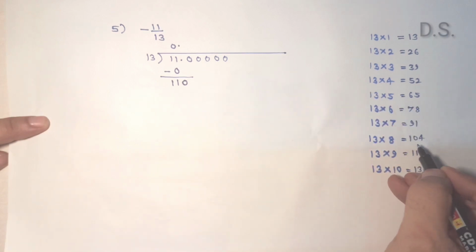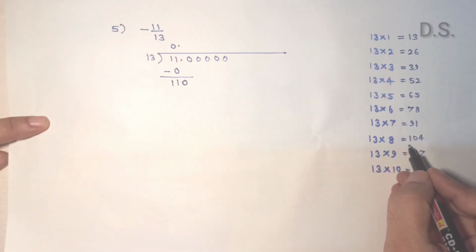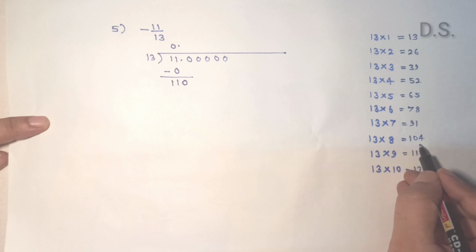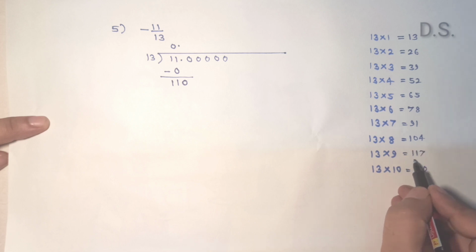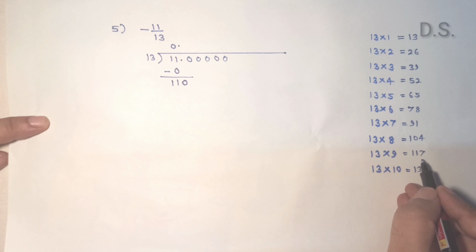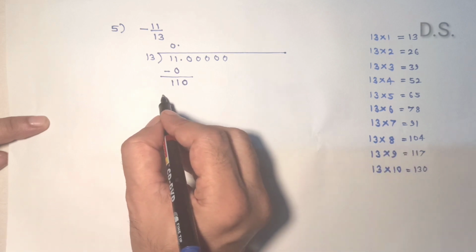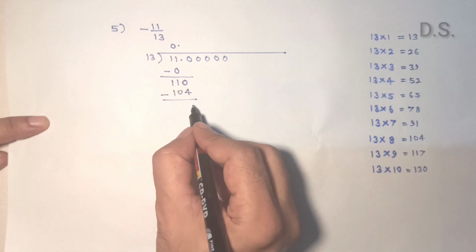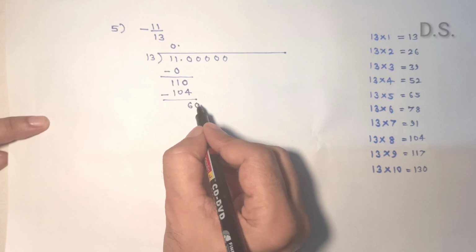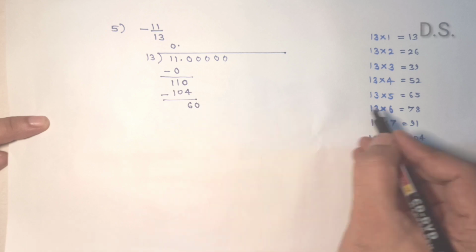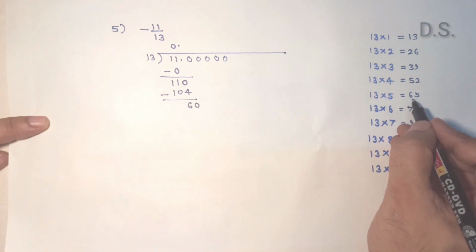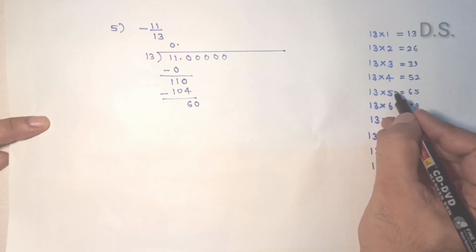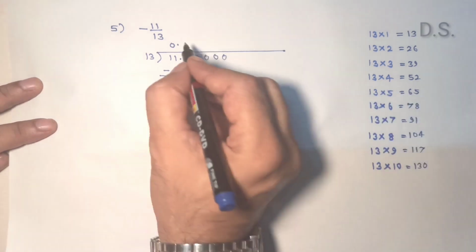Look at this, it will go 8 times because 13 8s are 104 and 9 times is 117. 117 is bigger, not possible, so take 8 times. So minus 104, subtract, you will get 6 and this 0 gives you 60. 13 5s are 65, 13 4s are 52, so it will go 4 times.